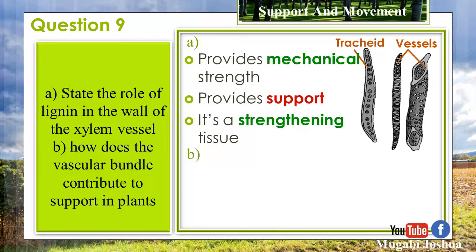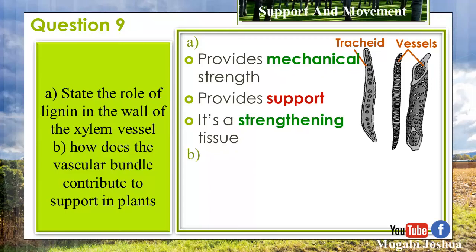Part B states, how does the vascular bundle contribute to support in plants? We know the vascular bundle includes the xylem, the phloem, and the cambium.